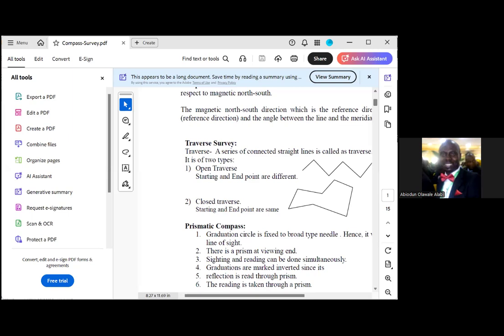And I've told you that a measurement may be precise and may not be accurate. Sometimes when a measurement is accurate, it is possible that it can also be precise.